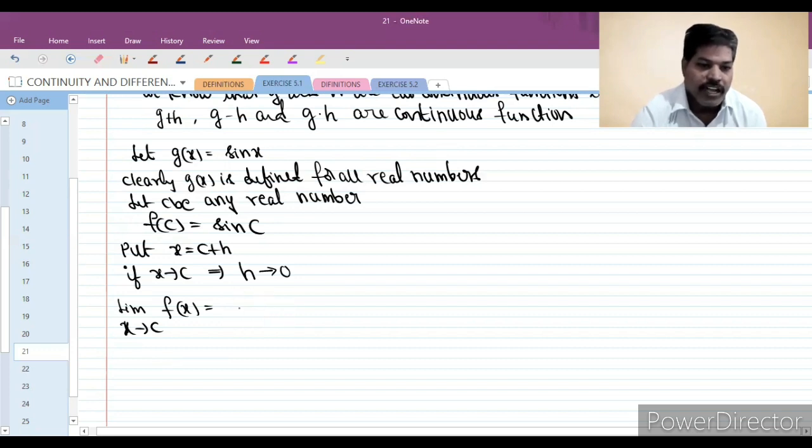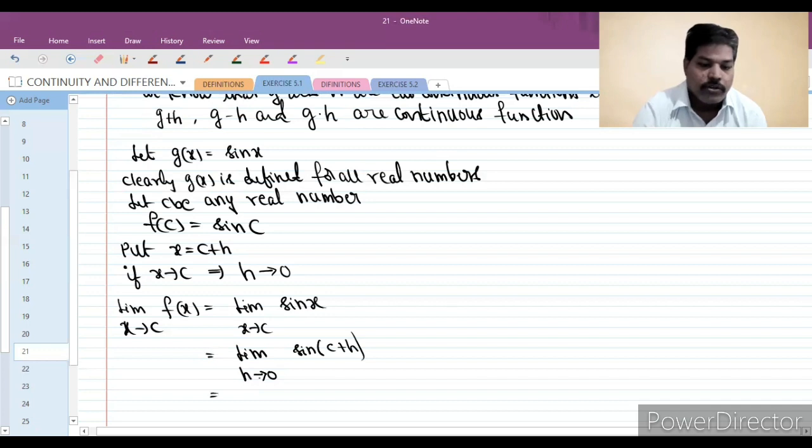What is the g of x, students? g of x is equal to sin x. So I will change that limit x tending to c as h tends to 0, and this sin x will become sin of c plus h.